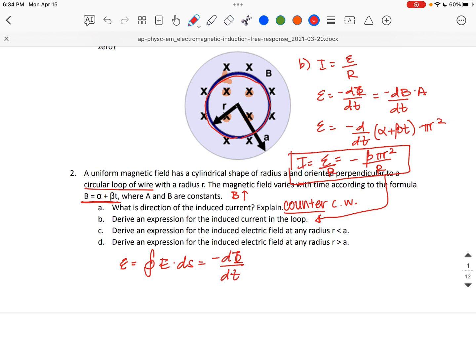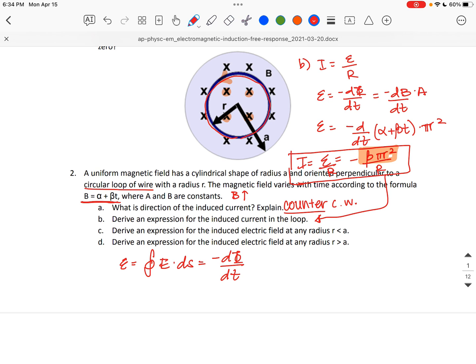Now, we already know that the EMF is going to give us not this whole equation, but at least this top part of this equation right here. So when we plug that in, then we can simplify things down.